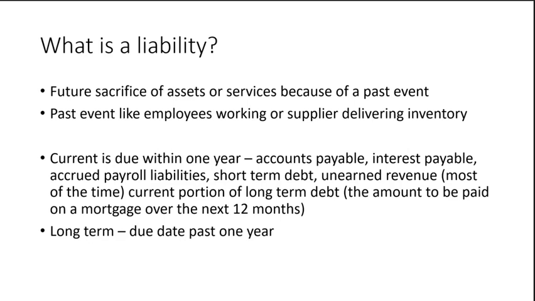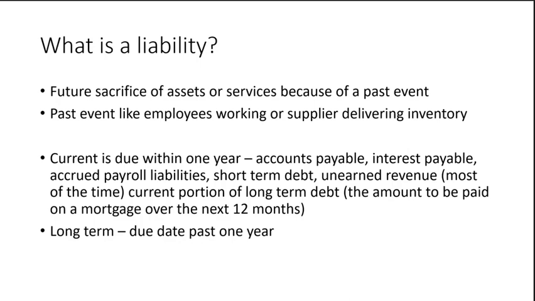So, first of all, let's review what a liability is: future sacrifice of assets or services because of a past event. Remember, some event has to happen. There cannot be just this thought that something bad could happen for a liability. The event has to happen. It doesn't have to be for sure the amount.